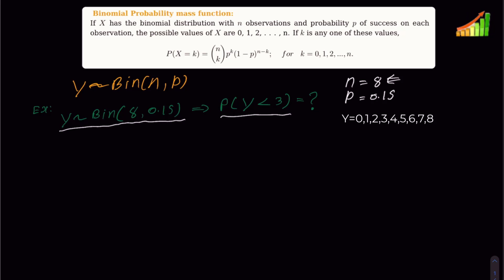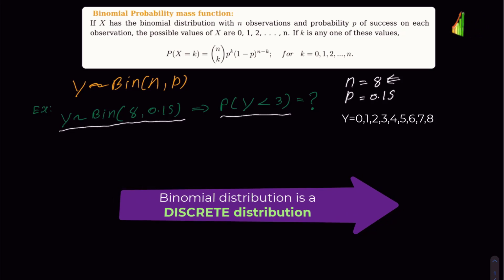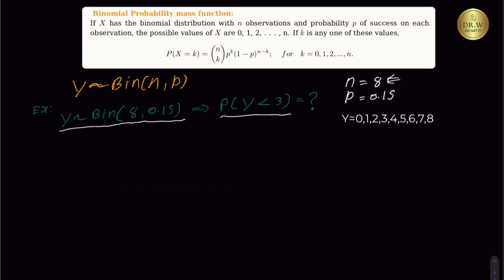Binomial distribution is a discrete distribution. We discussed a continuous distribution before, which is called the normal distribution. But this is binomial, and binomial is discrete. Therefore, you can write the probability of Y less than 3 as the probability of Y less than or equal to 2.